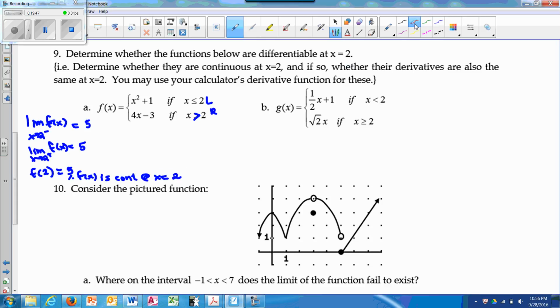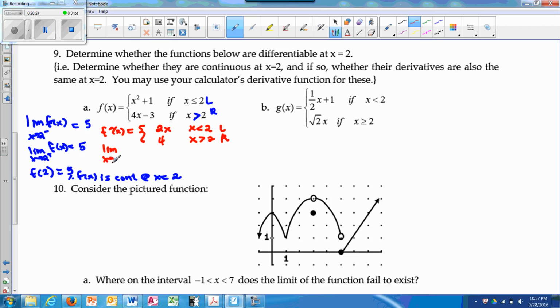So for letter A, remember we must first check continuity at all times before doing differentiability. So we're going to do the limit as x approaches 2 from the left of the original function. And then we have our left and our right. Remember, right is the one that's greater. We substitute 2 in, we get 4 plus 1 is 5. The limit as x approaches 2 from the right, the original function.